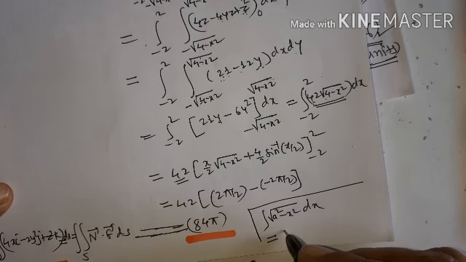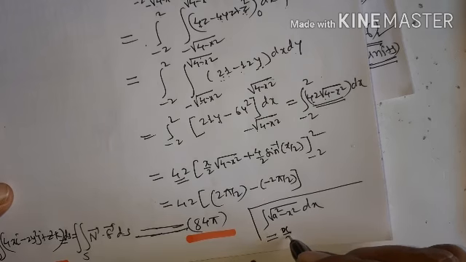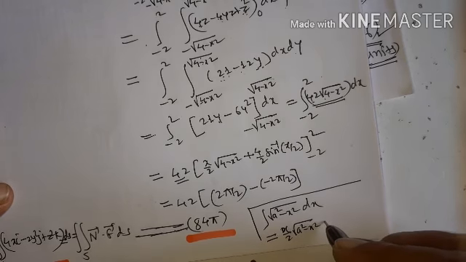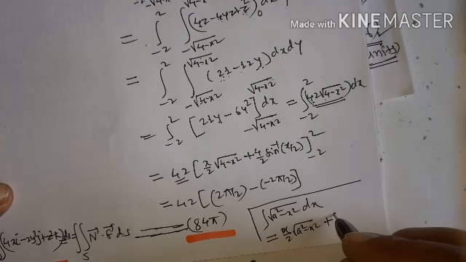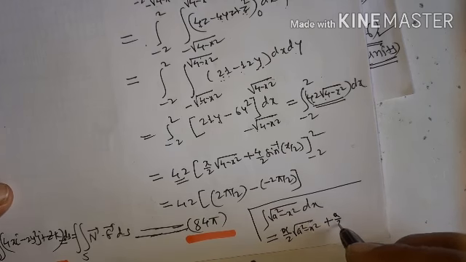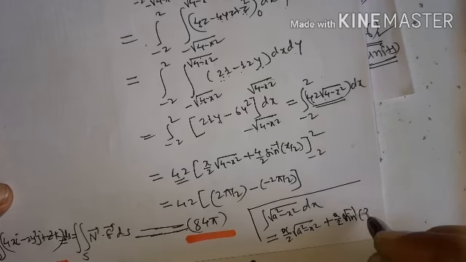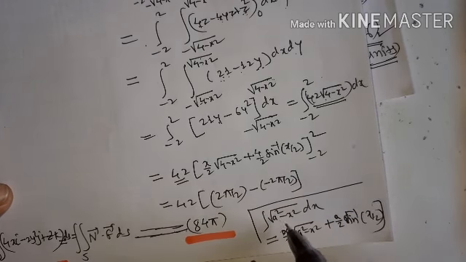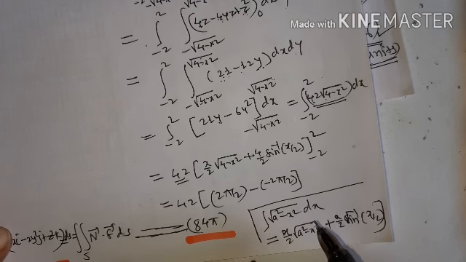It is equal to x by 2 root of a square minus x square, plus a square by 2 sine inverse x by a. So this is the integral formula for root a square minus x square.